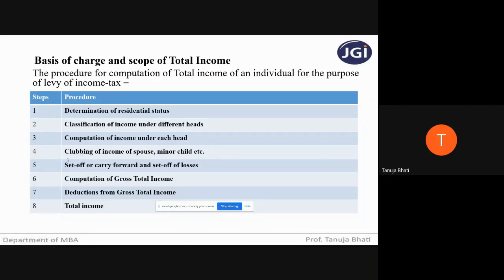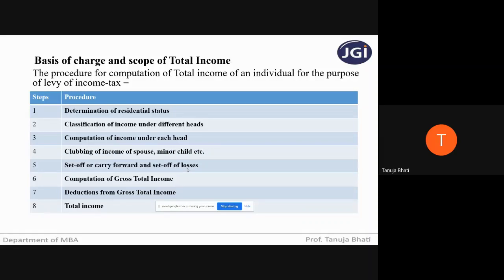Okay. Once I have got all the income under 5 heads, and to that I have added, clubbed, the income that I've transferred to the spouse and minor child, after that what I need to do is set off or carry forward and set off losses. See, many a time there can be a loss under any head of income. I told you all there are 5 heads of income which you need to remember throughout income tax.